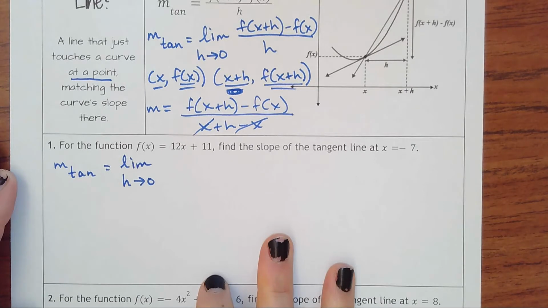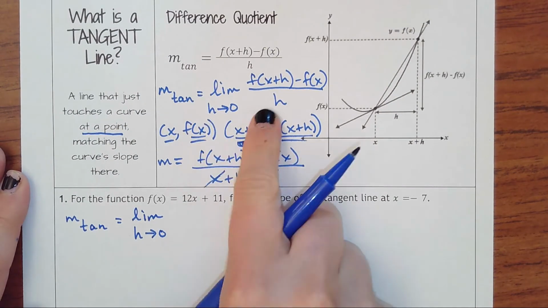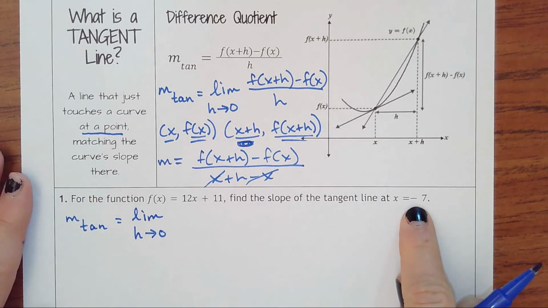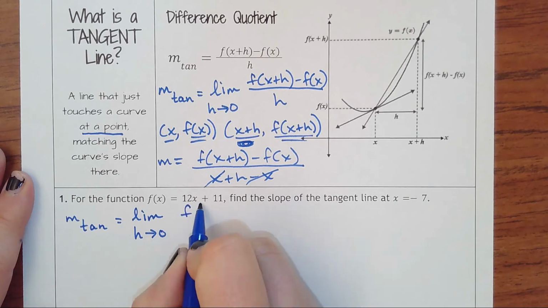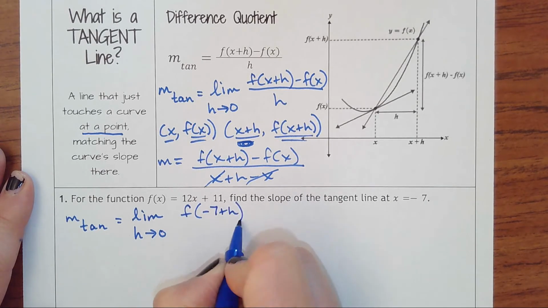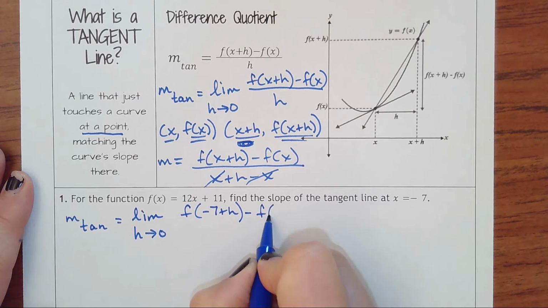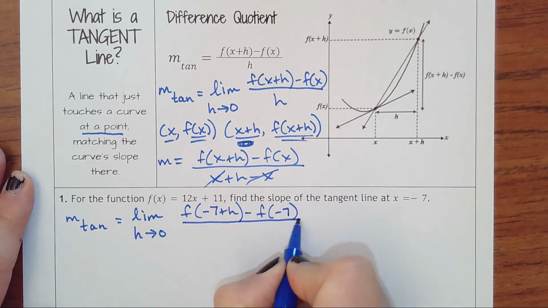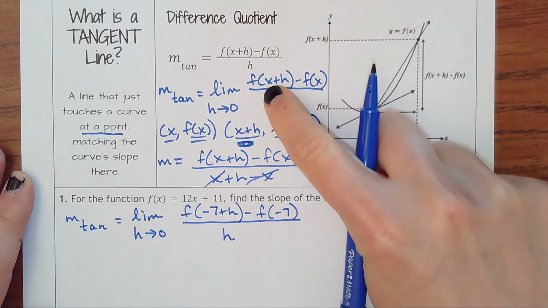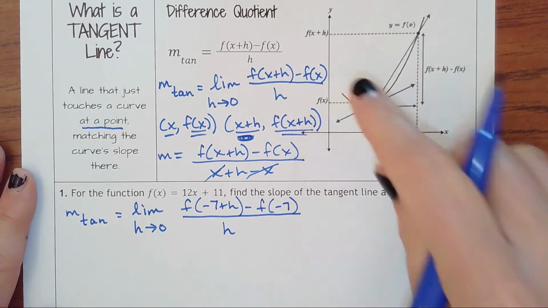And then we're going to replace x with -7. So we'll have f of -7 plus h minus f of -7 all over h. So see how I took this and I just put -7 in for x.